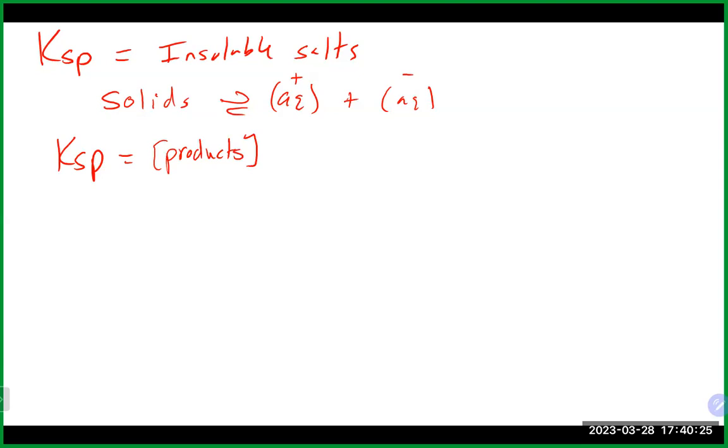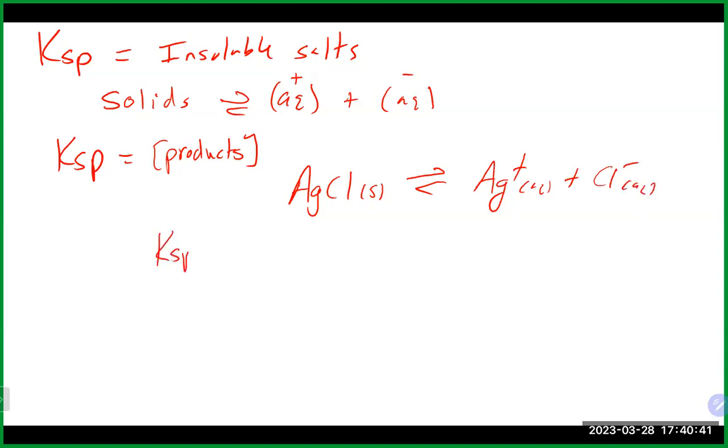So for example, I think we finished last time, we looked at silver chloride, which is normally insoluble. When it does break apart, we will get a silver ion and a chloride ion. And once again, our KSP would be the concentration of silver times the concentration of chloride.